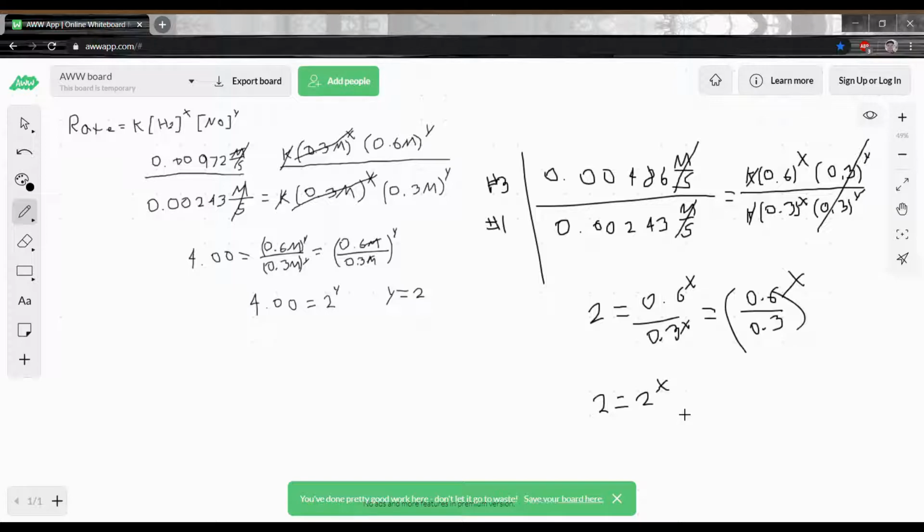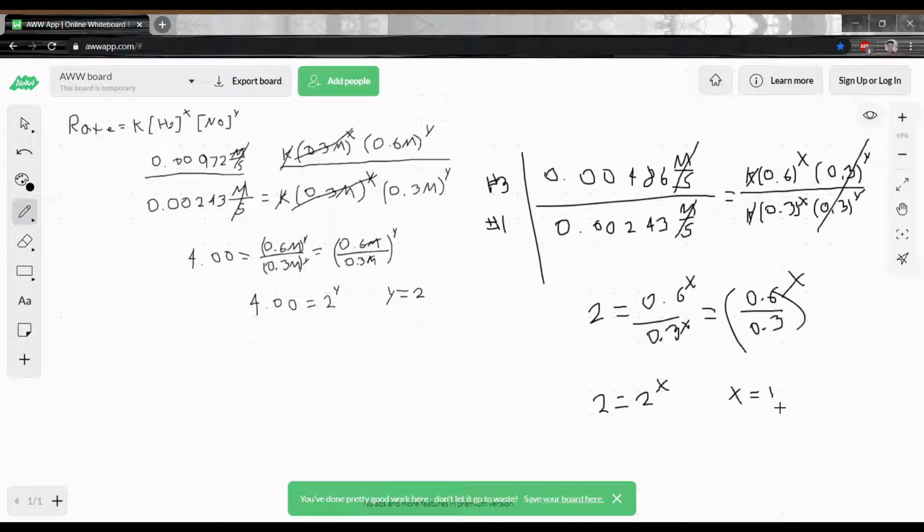And now we have to ask the question, what power are we going to raise 2 to get 2? Anything raised to the power of 1 will equal itself. So we can see with that math knowledge that our x is going to equal 1.